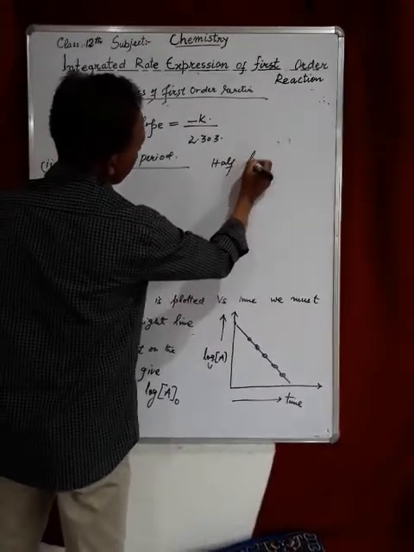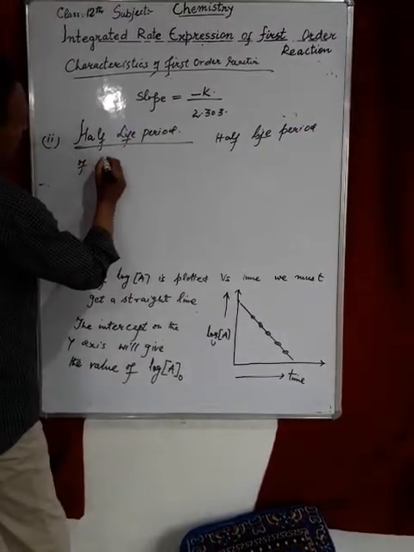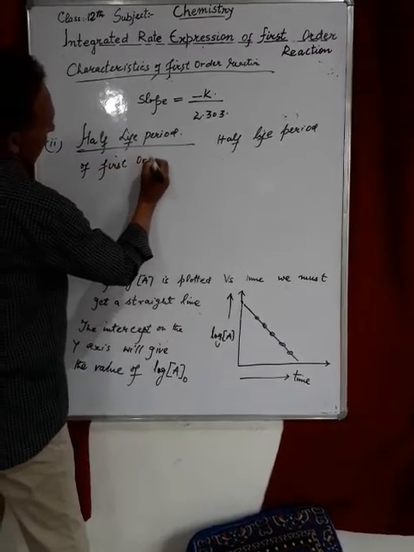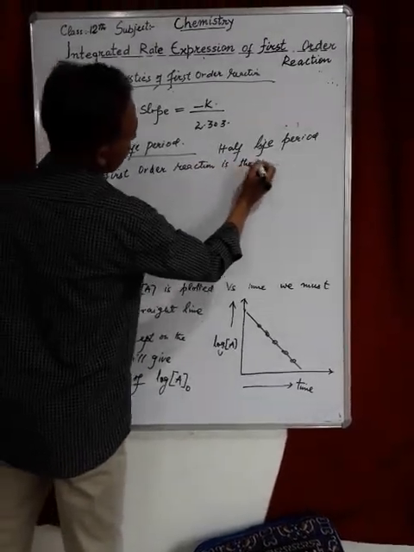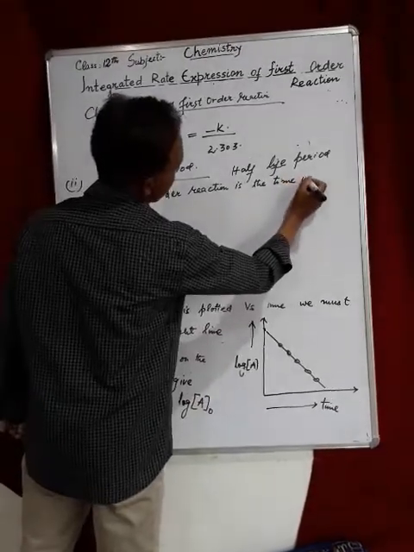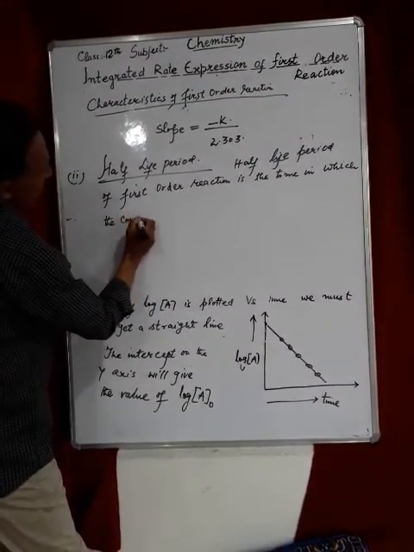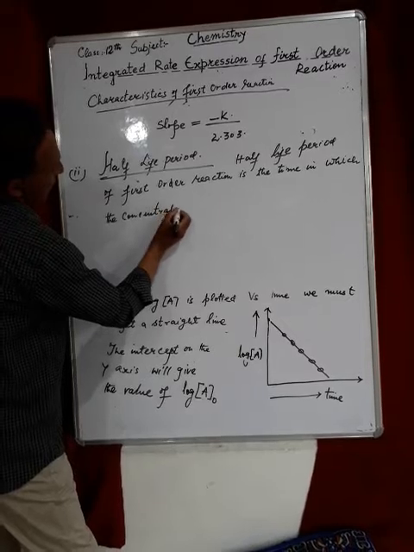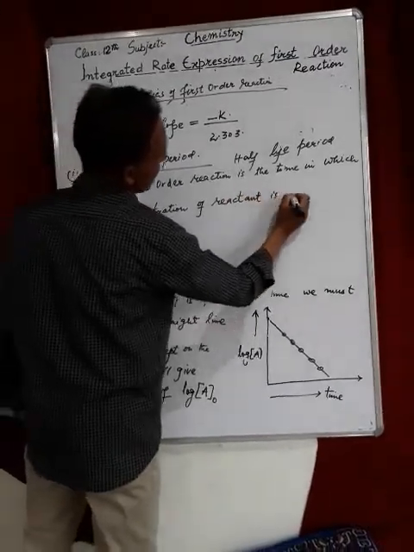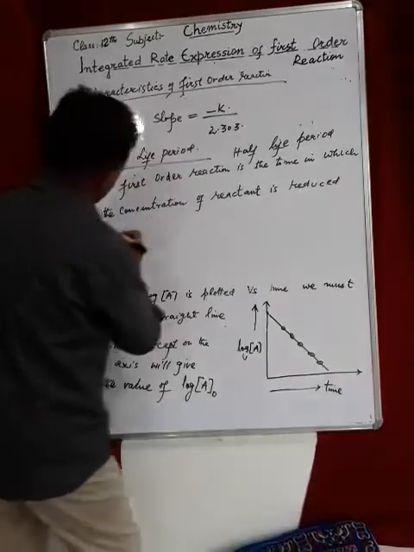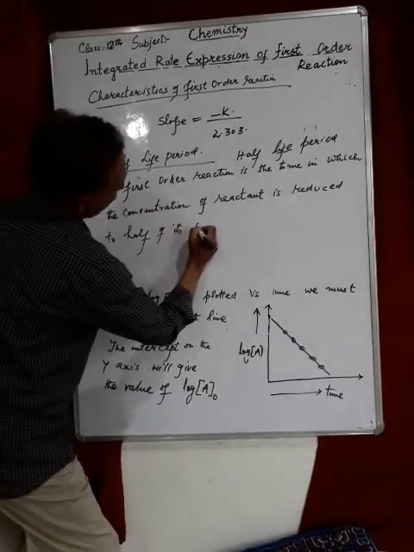The half-life period of a first order reaction is the time in which the concentration of reactant is reduced to half of its original value.